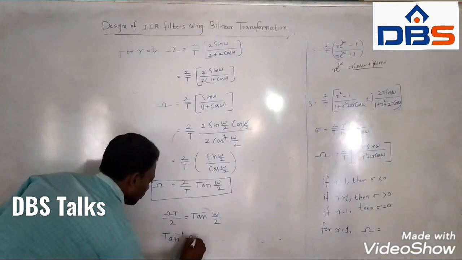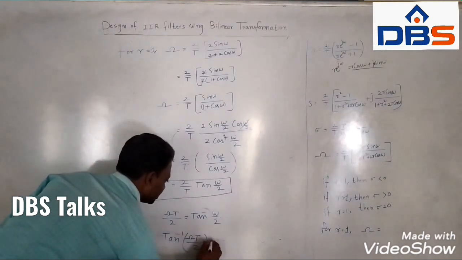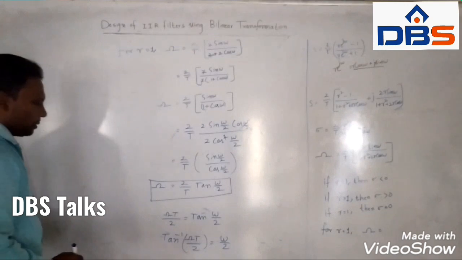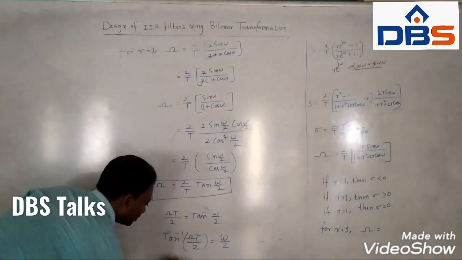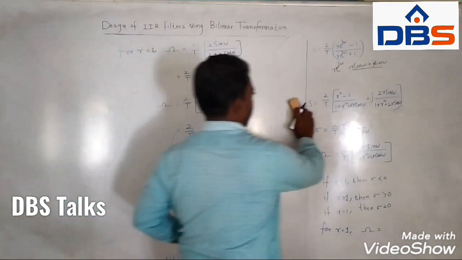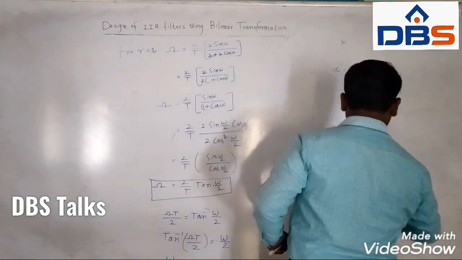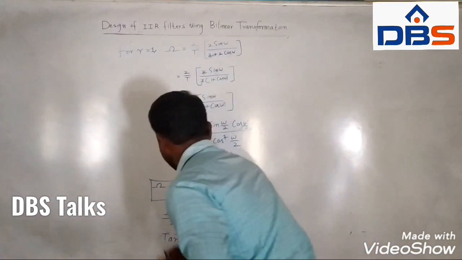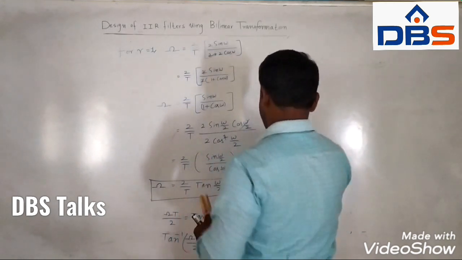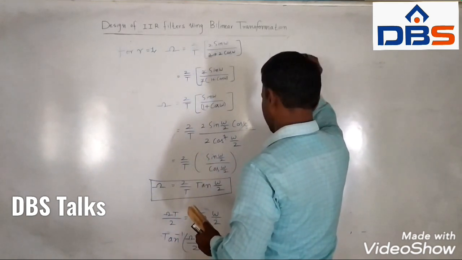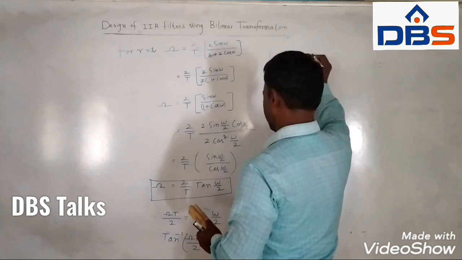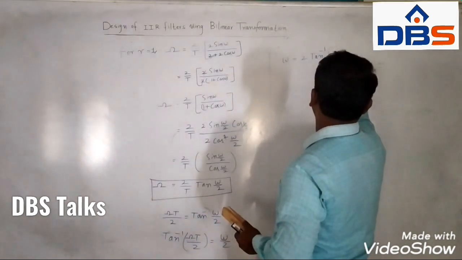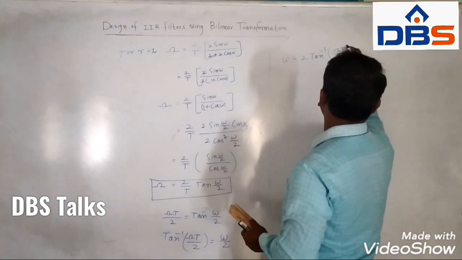Tan inverse omega t by 2 is equal to tan inverse into tan is 1 only, so omega by 2, and this omega is equal to, right here, from this, omega is equal to 2 times tan inverse omega t by 2.